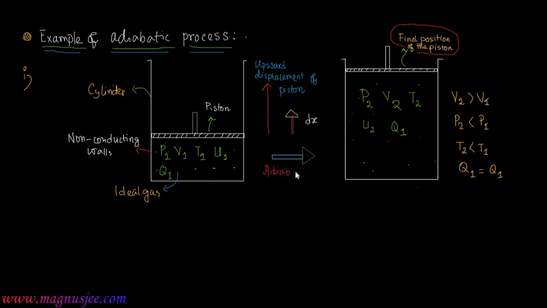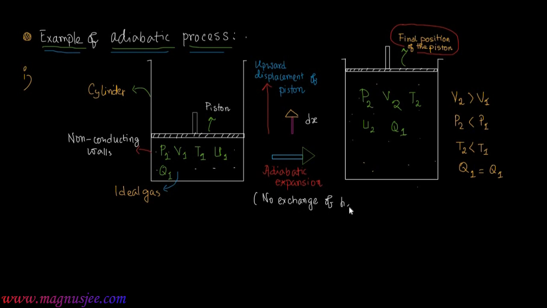And this is the adiabatic expansion of ideal gas enclosed by the cylinder with non-conducting walls. Obviously, in this adiabatic expansion there will be no exchange of heat energy between the thermodynamic system and its environment.